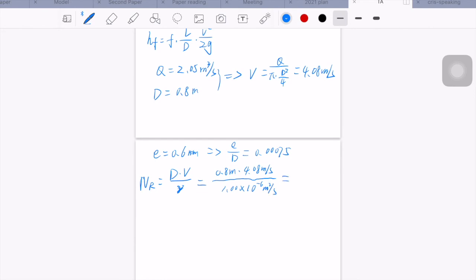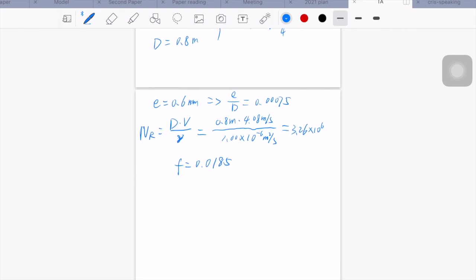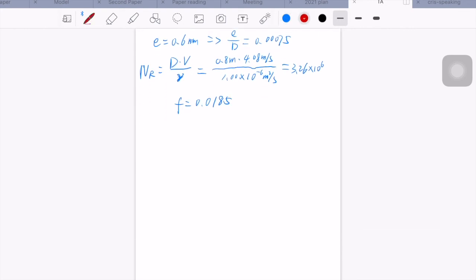So we get that the Reynolds number equals 3.26 times 10 to the power of 6. And now we can determine f. The friction factor equals 0.0185.